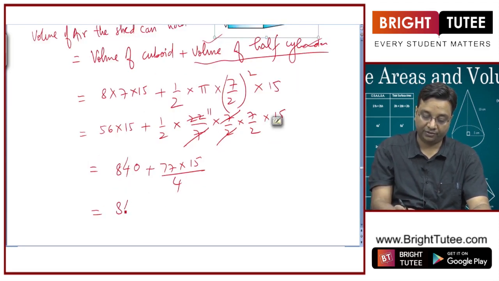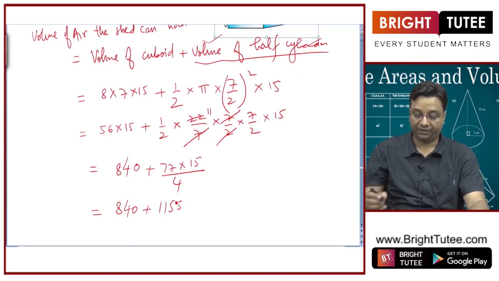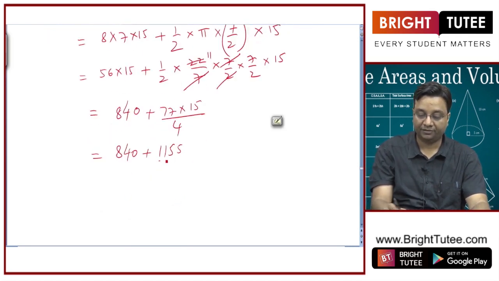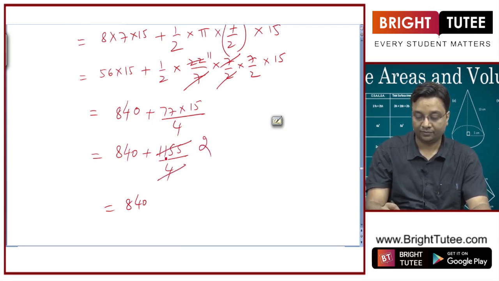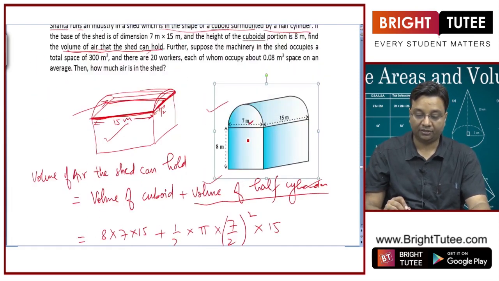So 840 plus 1155 divided by 4. If I want to convert it into decimals, 288.8 is the decimal conversion.